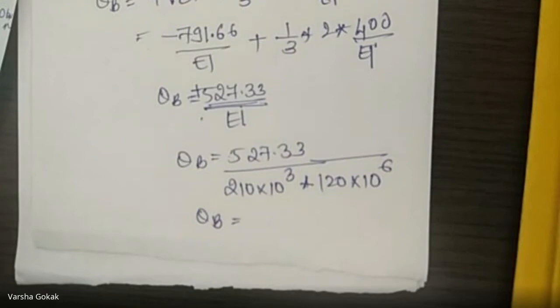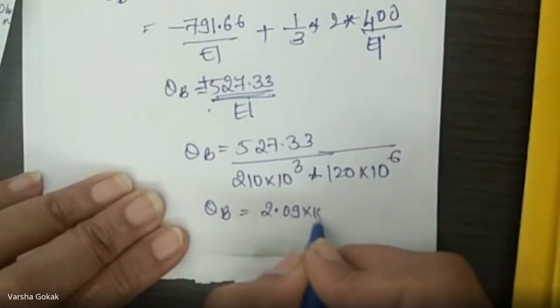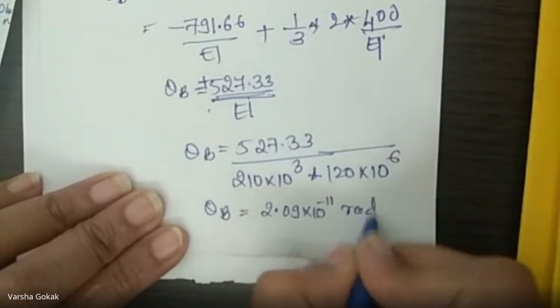Got it? 2.09 into 10 to the power minus 11 radians.